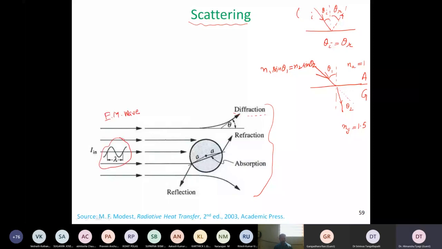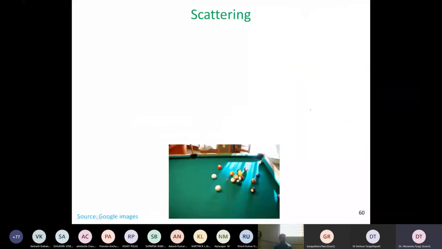So I think I have some animation and some figures over here which give an analogy of scattering. If you see in this billiard table over here, the cue ball hits these set of stationary balls, and one may say, figuratively speaking, that all these balls are scattered in different directions.